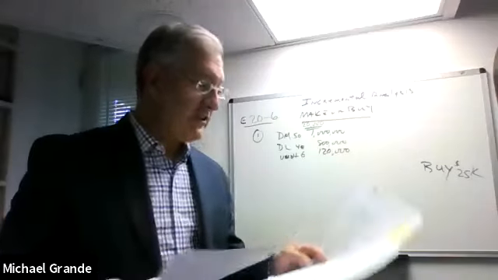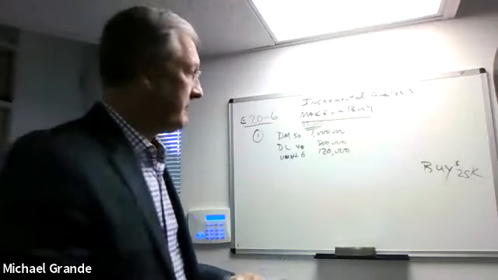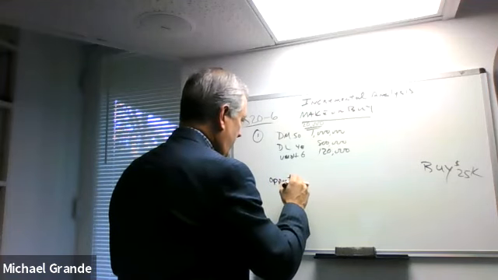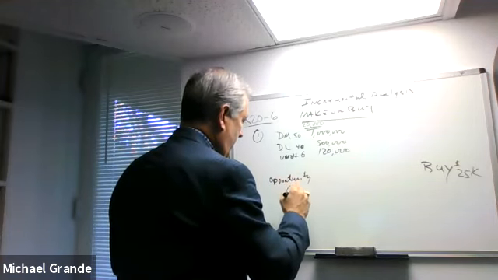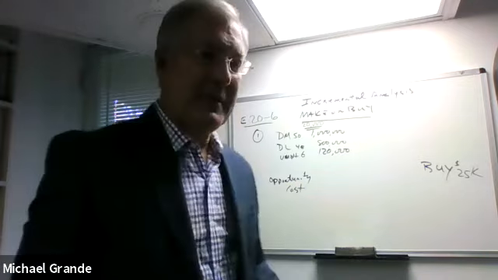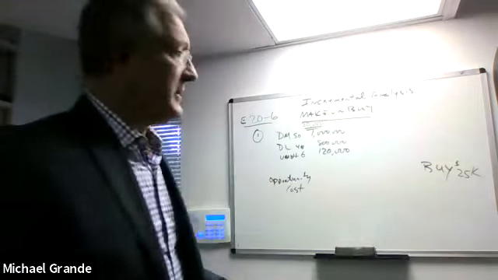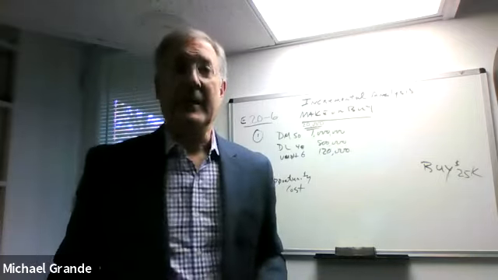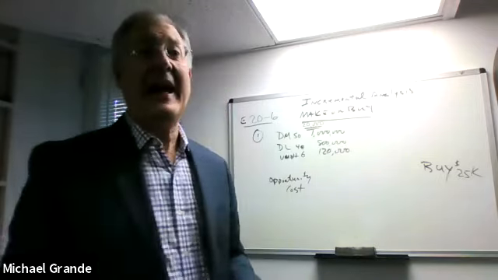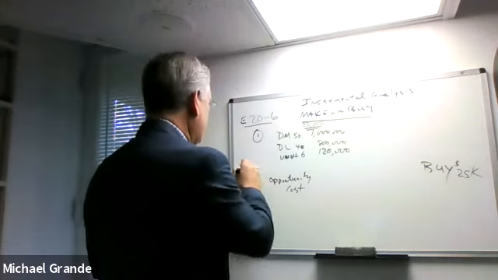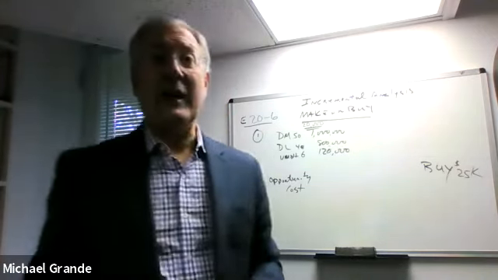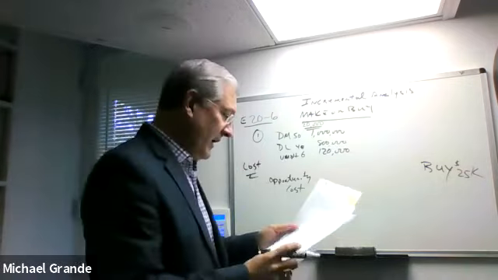But there's another issue here. There's an opportunity cost. So let's remember what happens here. If this company decides to make it, if this company continues to make it, they have a lost opportunity, and a lost opportunity becomes an opportunity cost.